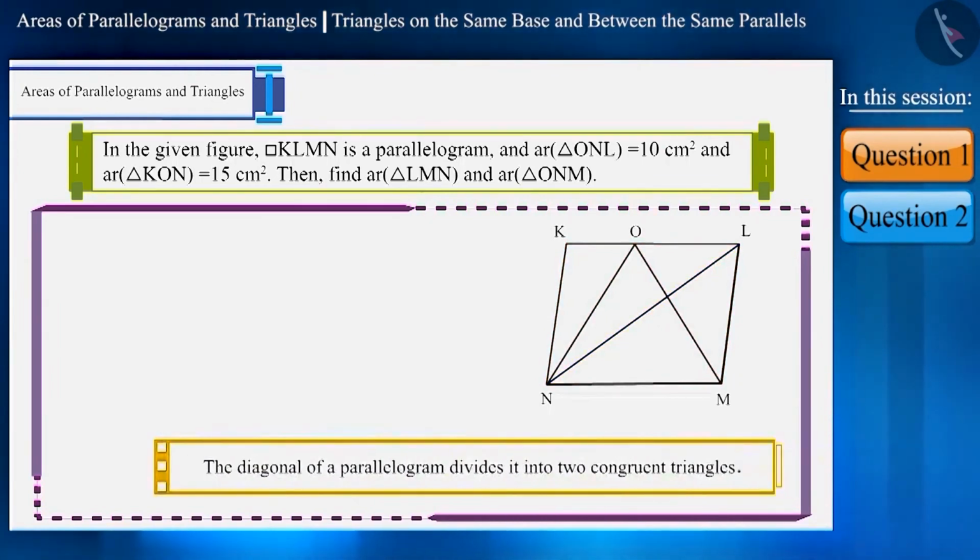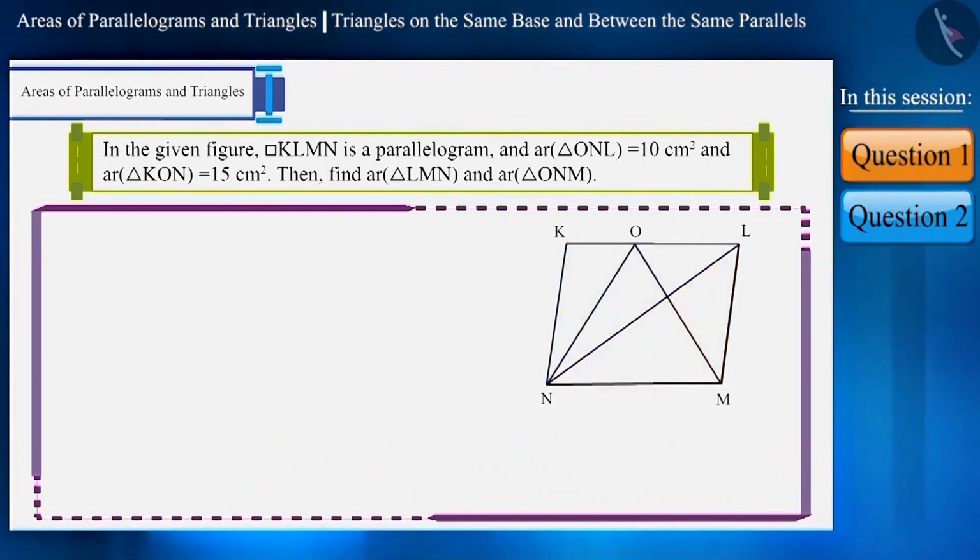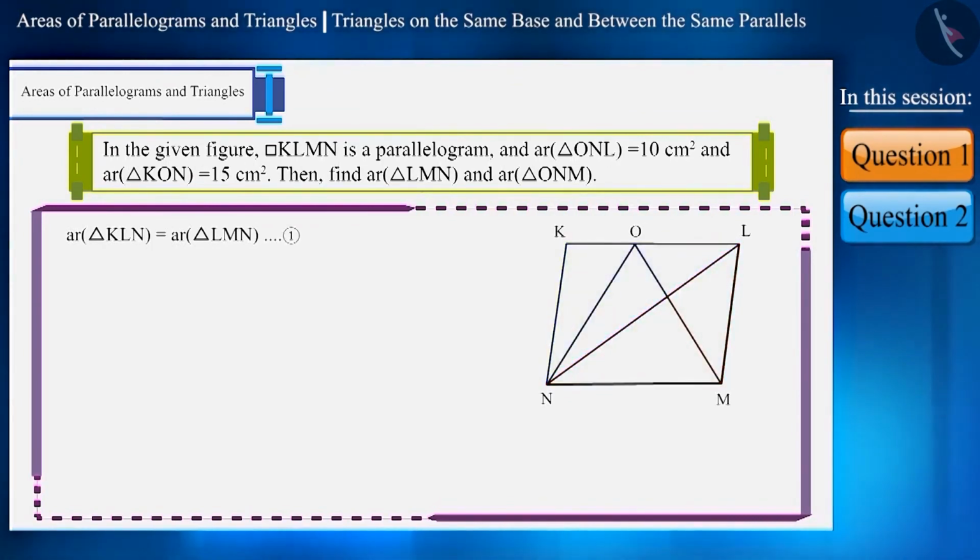We know that the diagonal of a parallelogram divides it into two congruent triangles and their areas are equal. Therefore, we can say that the areas of triangles KLN and LMN will be equal. Let's call this equation 1.